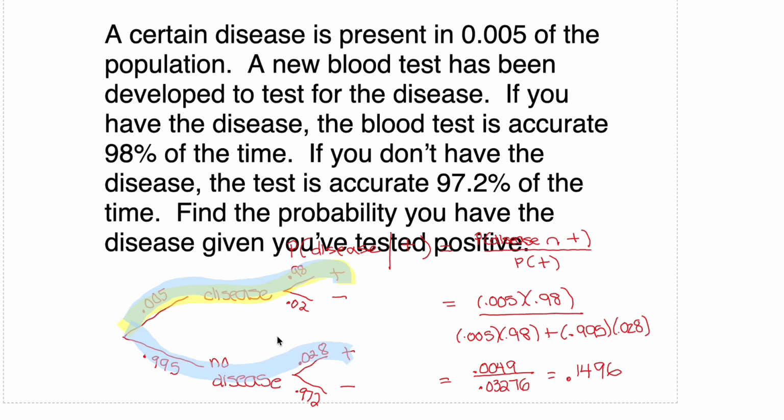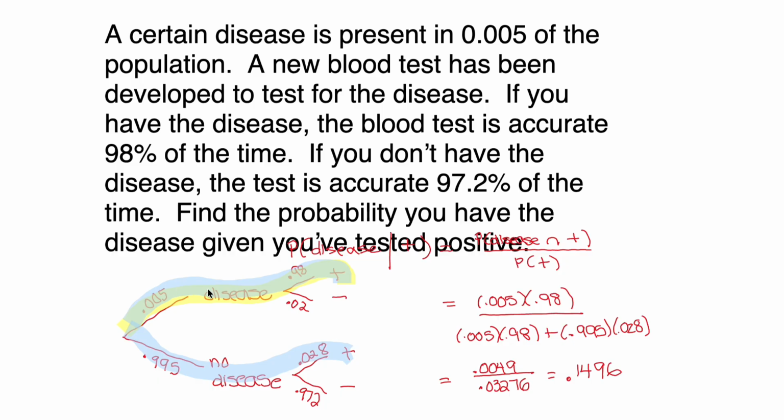For testing positive, we're really going to focus on this branch and this branch. But we only want to find the probability of actually having the disease, so it's only 0.98 right here. But don't forget to multiply by 0.005. Here's a little trick whenever you're dealing with these problems: multiply everything in the same branch.